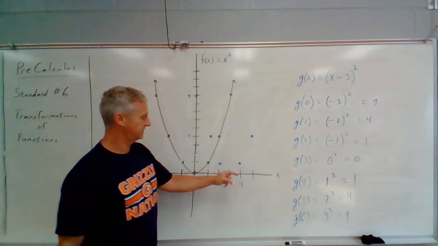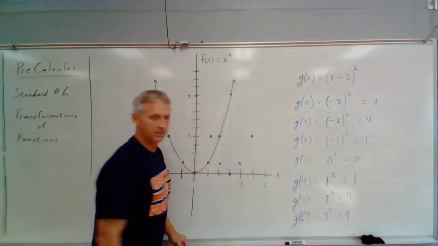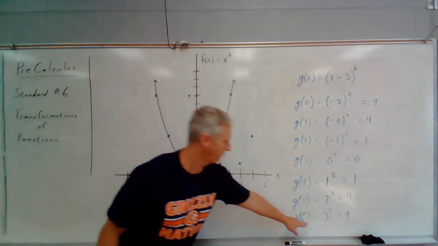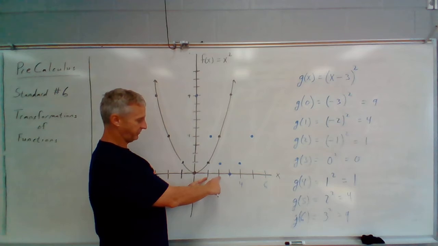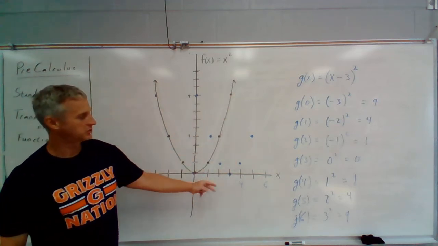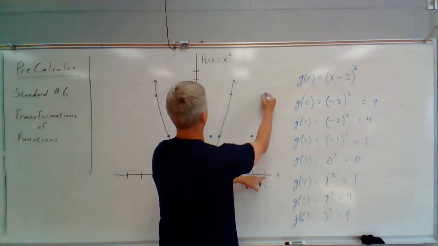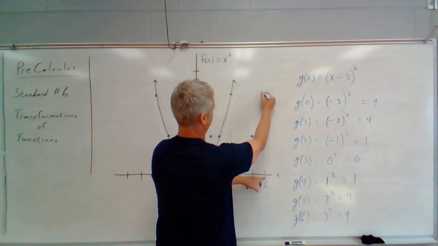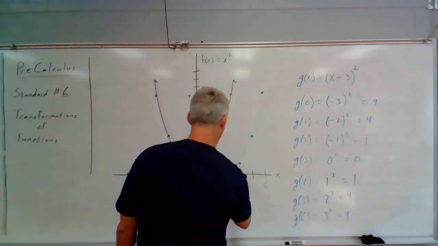So, plugging a 6 into the blue function should be the same thing as plugging a 3 into the black function. So when I plugged a 3 into the black function, I got 3, 9. So plugging a 6 into the blue function, I should get a 6, 9. And sure enough, that's what we got. Let's graph this.